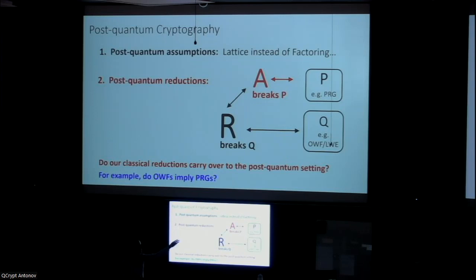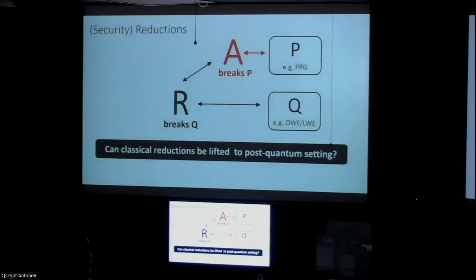And my question is, do these classical reductions still hold in the post-quantum setting? For example, do we still know that one-way functions imply PRGs, or are our constructions still secure in the post-quantum setting? Again, this is the focus of this talk.